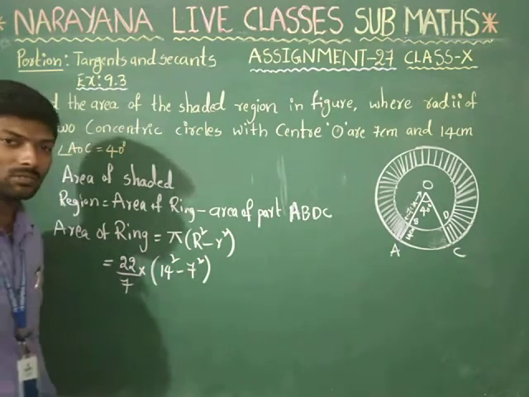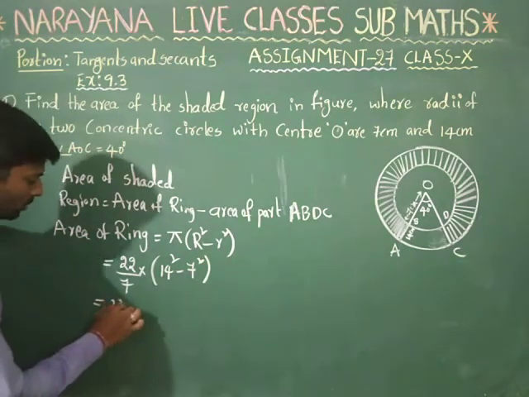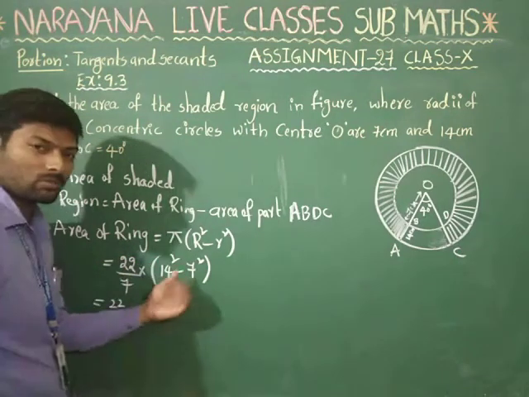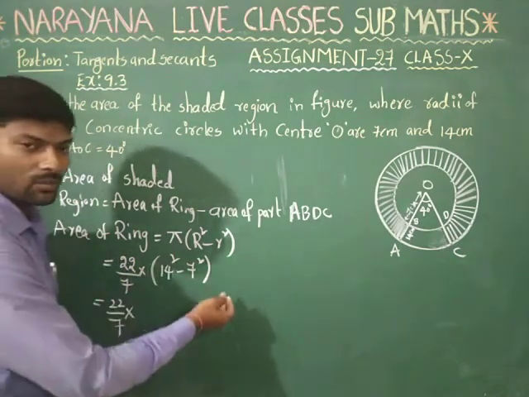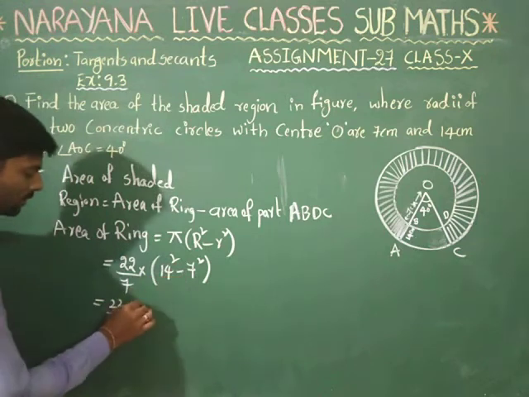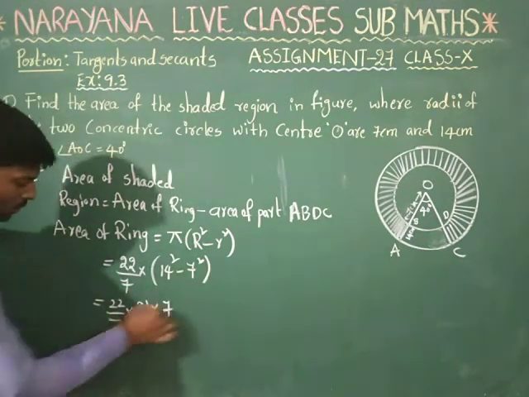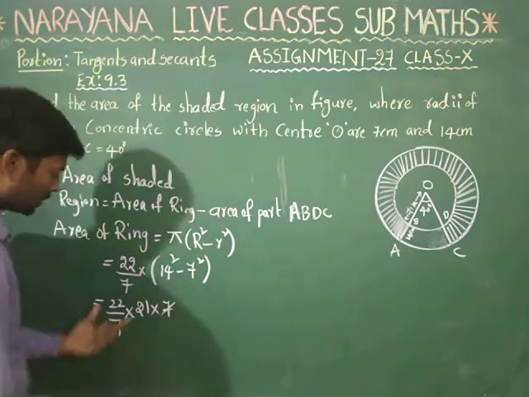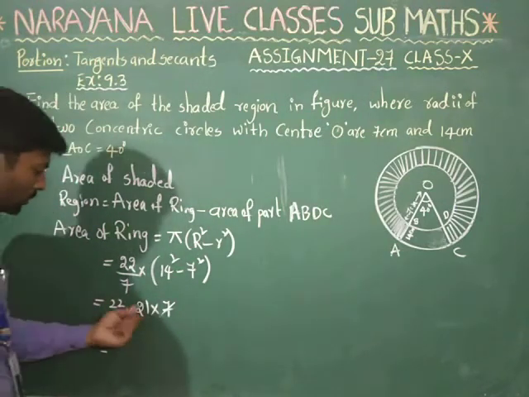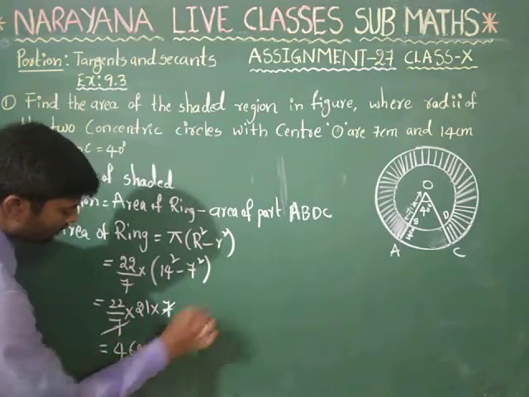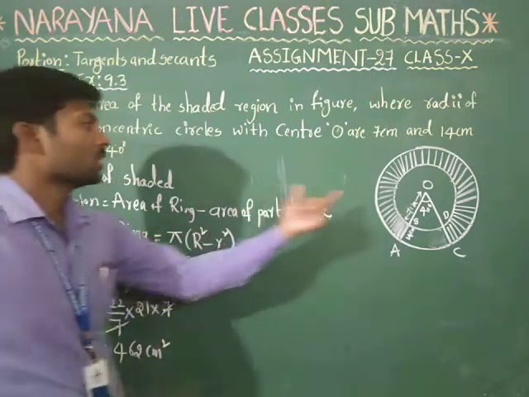Using a square minus b square equals a plus b into a minus b, that is 14 plus 7 is 21, 14 minus 7 is 7. Here the two 7s get cancelled. So 22 into 21 becomes 462 square centimeter. This is the area of the ring.